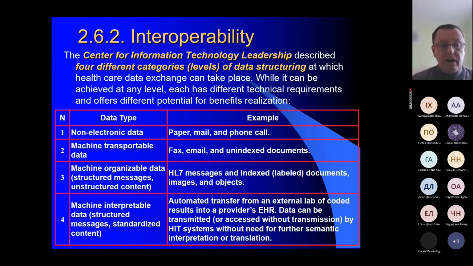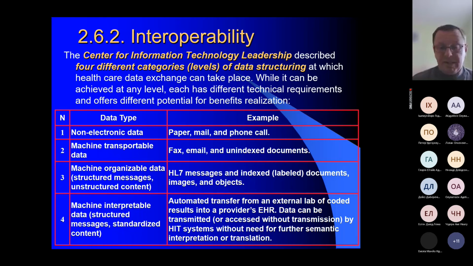If we talk about levels of interoperability, we have at least 4: non-electronic data, which provides poor interoperability. Then we have 3 better levels: machine transportable data, various unstructured documents, like faxes, emails, and so on; then machine organizable data and machine interpretable data. Most healthcare information is now at the 3rd level, where HL7 messages and indexed labeled documents have to be used.